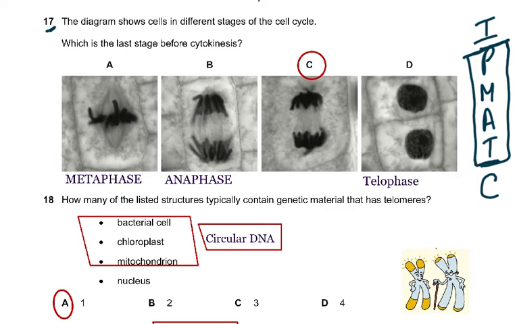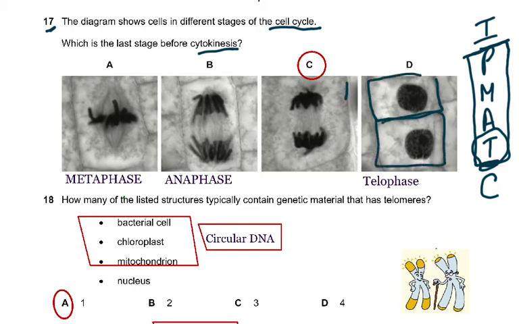So interphase, prophase, metaphase. But they said the diagram shows cells in different stages of the cell cycle. Which is the last stage before cytokinesis? That has to be before cytokinesis. So prophase, metaphase, anaphase, that has to be telophase. Now in this, you might think this is telophase. No, but these are two separate cells.